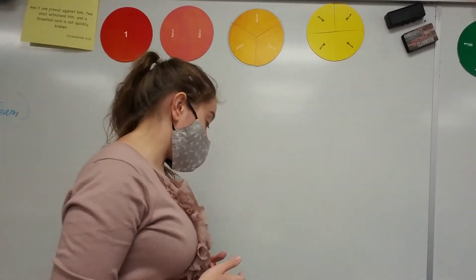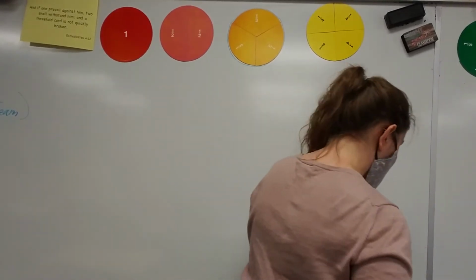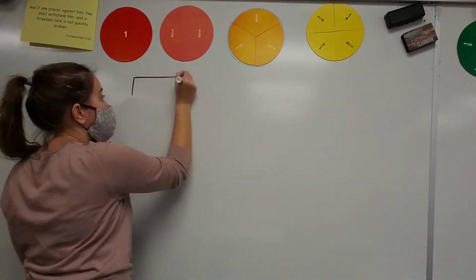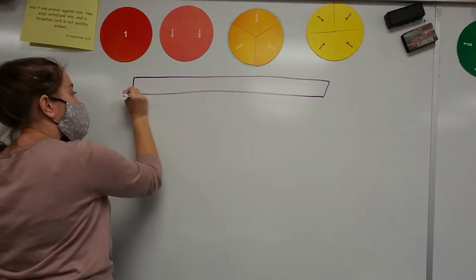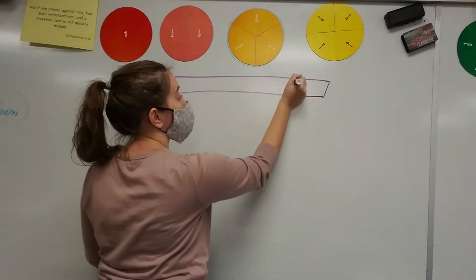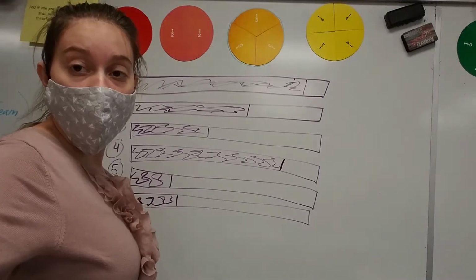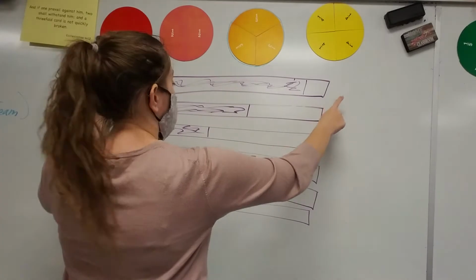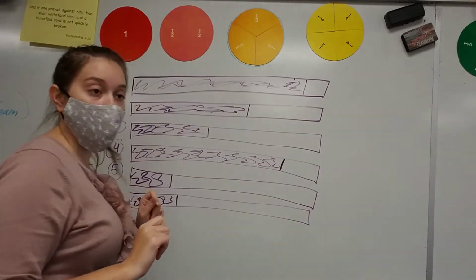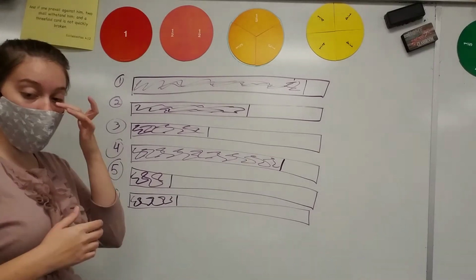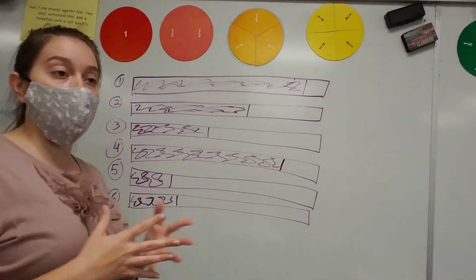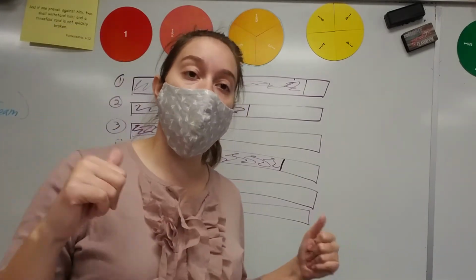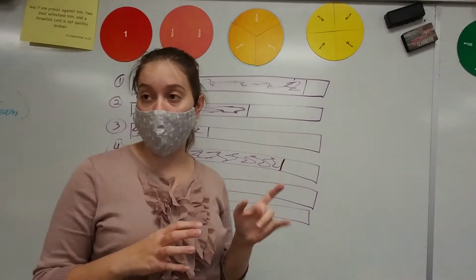Okay? So what it's saying there is we all have these long rectangles, right? And I'm going to try my best to replicate. Now, this is what your page looks like, right? Each rectangle is a whole unit, okay? We are taking our list of possible fractions and seeing which ones could represent these fractions, okay?